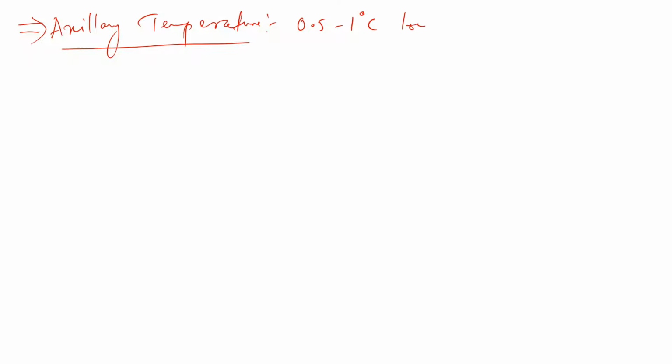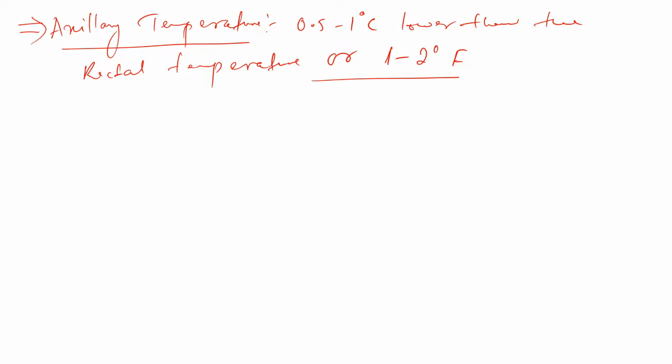And in case of axillary temperature, the temperature is 0.5 to 1 degree Celsius lower than the rectal temperature, or in Fahrenheit it's about 1 to 2 degrees Fahrenheit lower than the rectal temperature.